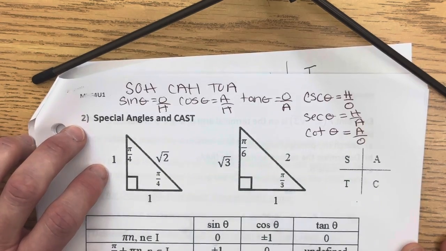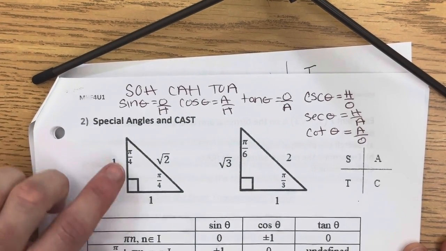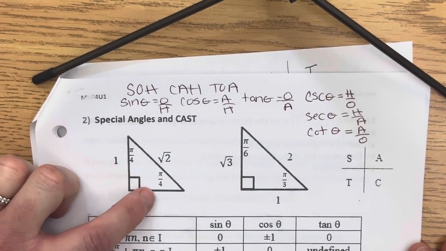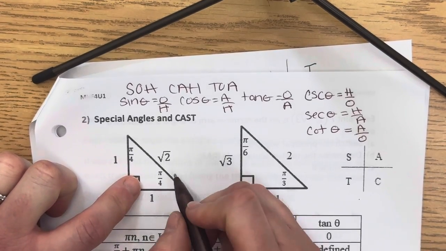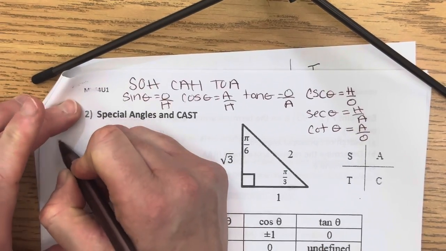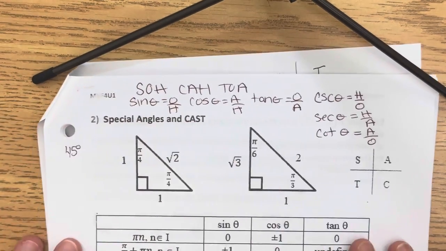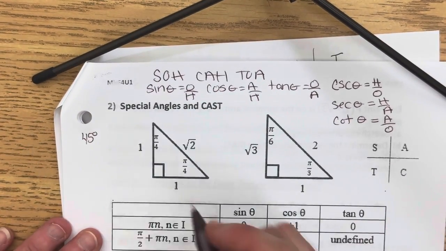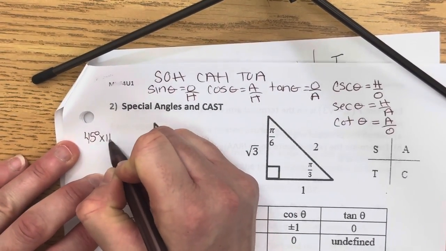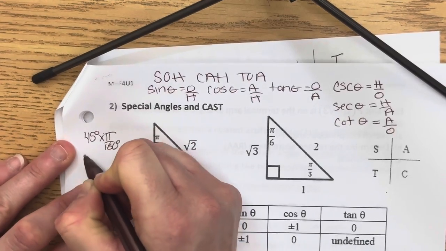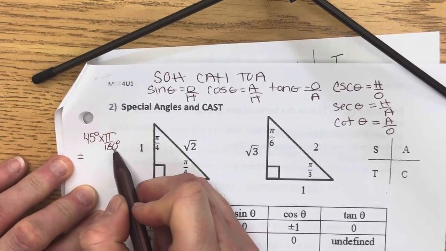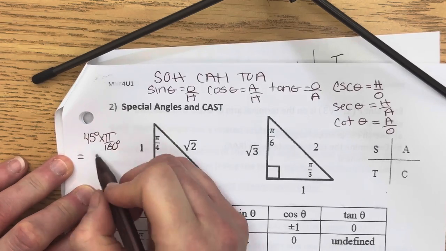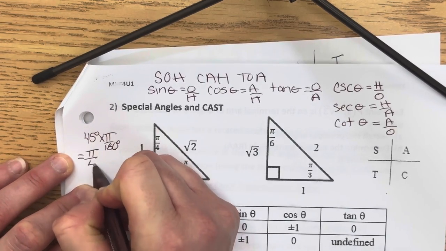We also have to remember our special triangles from last year. So the special triangles from last year were the 45s. If we do the math on this, 45 degrees times pi over 180 is equivalent to, well, there's four 45s in 180, so it's pi over 4.